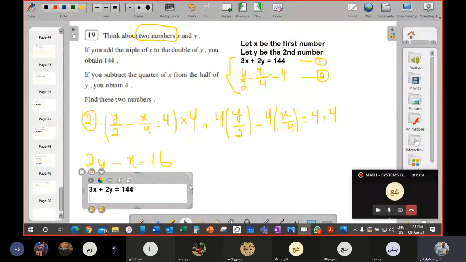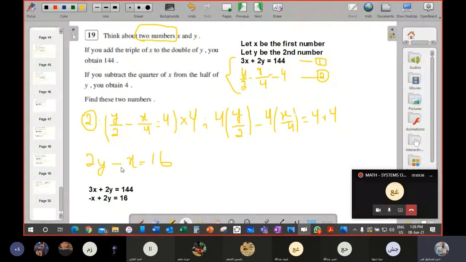And the second equation is 2y. Let's put the x first: minus x plus 2y equal 16. Here I swapped the x and put minus x first, then put plus 2y, so that they are under each other.